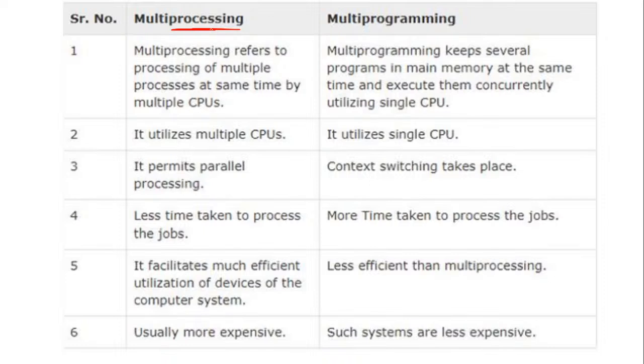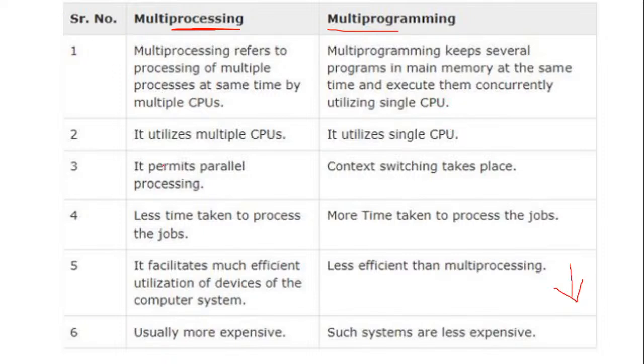That is compared to multiprocessing. But when I say multiprogramming, it means with the help of one system, different programs, for example you are working on Excel, and apart from Excel you are working with PowerPoint and a Word document. These programs are running, but on a single CPU. So obviously the load here is more, and you can see the efficiency level is less.